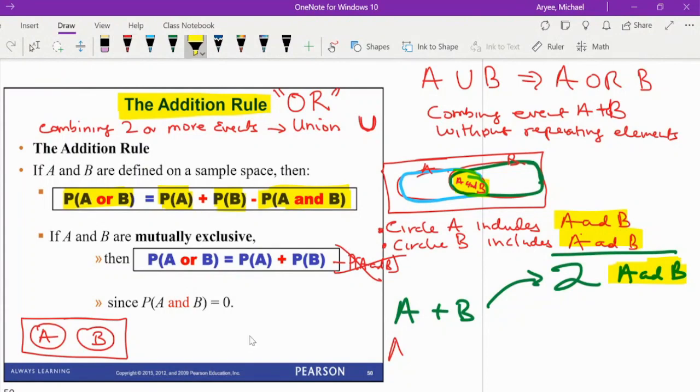If A and B are mutually exclusive, then P of A or B is just P of A plus P of B. So the addition rule is extremely important. You have to remember this. P of A or B means combine A union B: all the A's plus all the B's minus their overlap. Let's look at an example on the next slide.